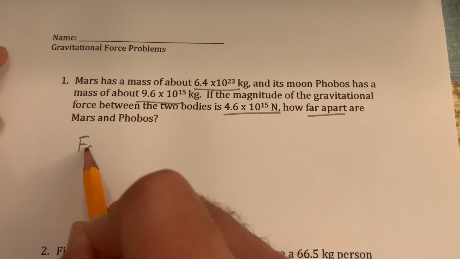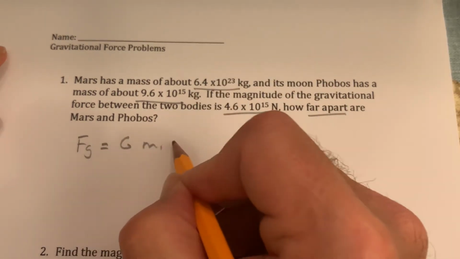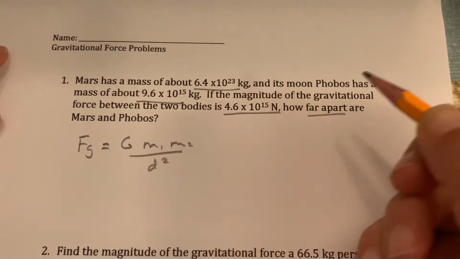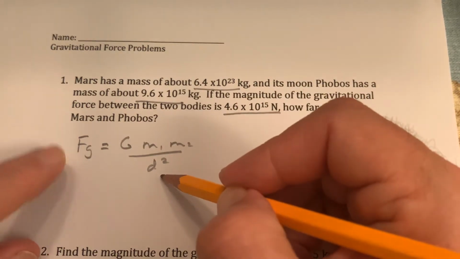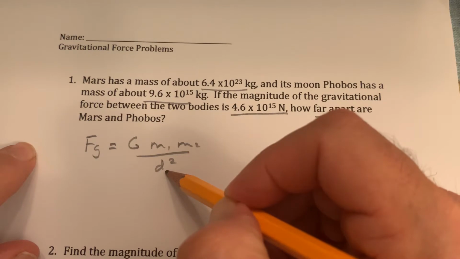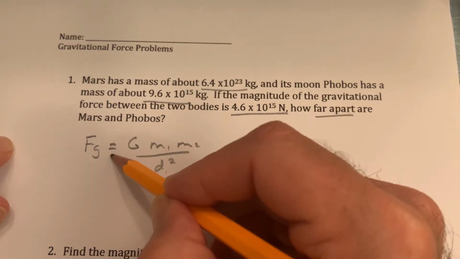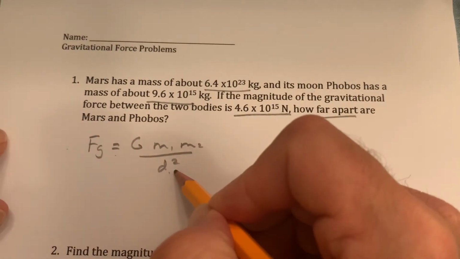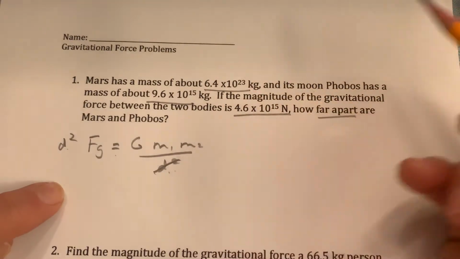So if we take our formula, Fg equals G m1 m2 over d squared. We have rearranged some problems before, and we talked about cross multiplying. If we take a value that's on the denominator and we move it across the equal sign, it becomes the numerator. So d squared would go up to the top, and that gets rid of it.